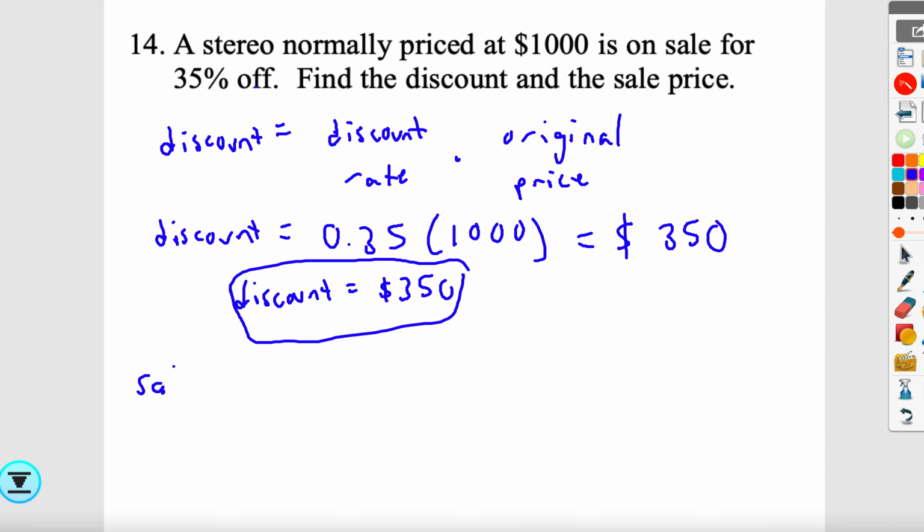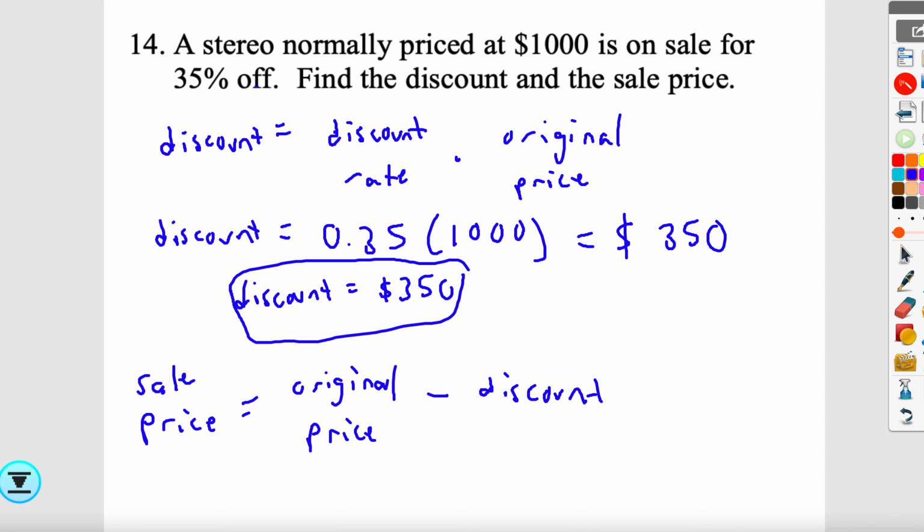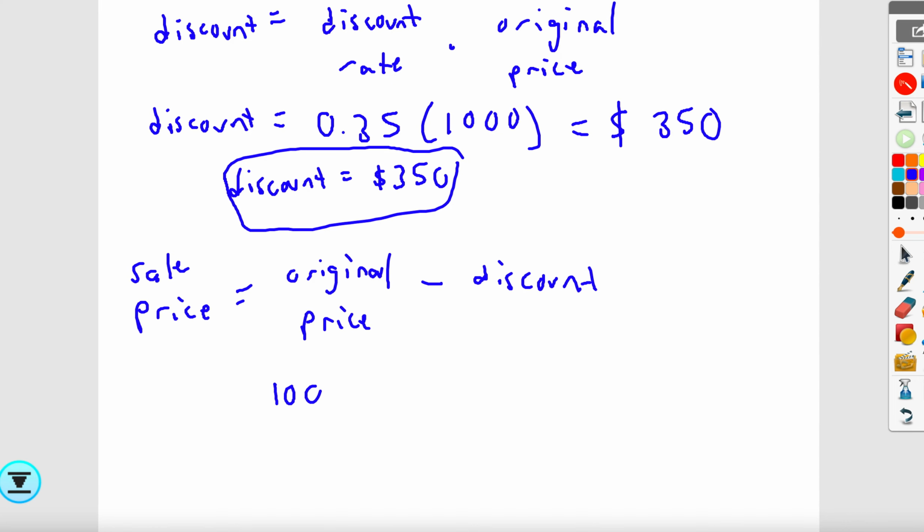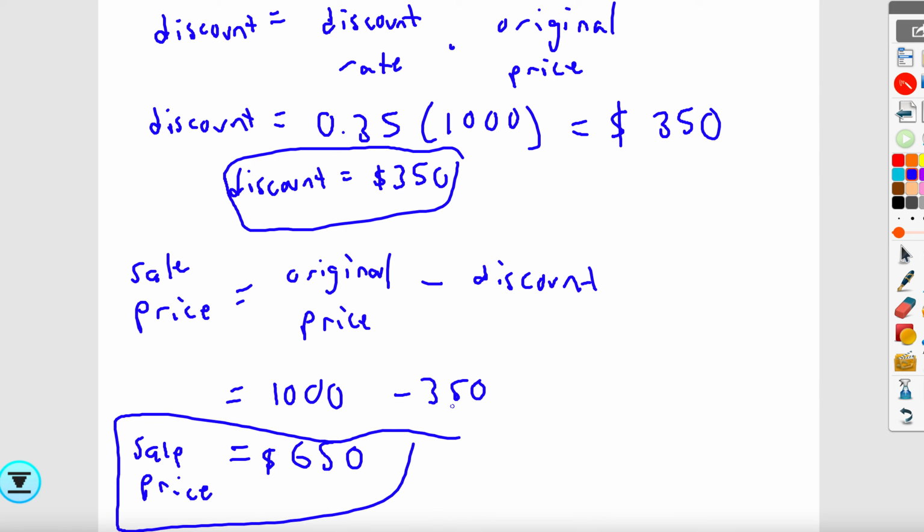Now to get the sell price, that's equal to the original price or the purchase price, minus the discount. We get 1,000 minus 350, where we get $650 is the new sale price, because we subtract the discount from the original price, giving us the sell price.